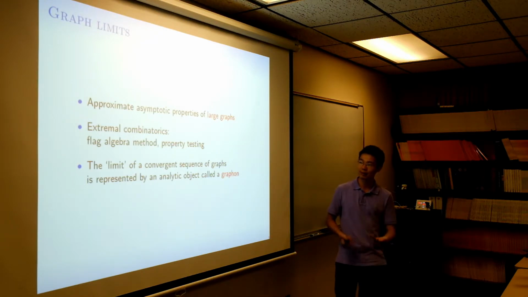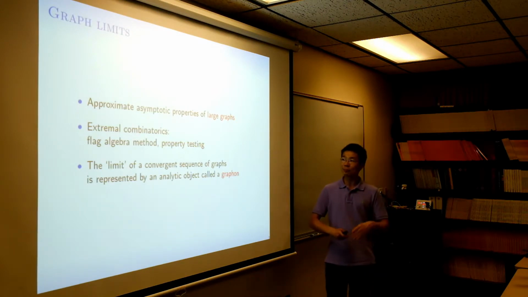For example, property testing says if your graph is very large and you want to check just small pieces, say you want to test if the graph is triangle free, and you test only small pieces of a large graph, then if you test enough, you can claim the graph is with high probability triangle free, or you can say it is far from triangle free.